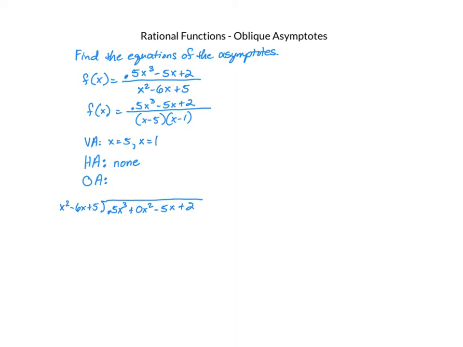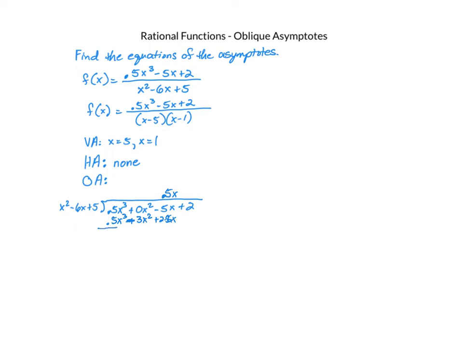So here we go. What do we need to multiply by x squared to get a 0.5x cubed? That is 0.5x, or 1/2 x. Multiply these together, so we have 0.5x times x squared. 0.5x times negative 6x is negative 3x squared. 0.5x times 5 is 2.5x.